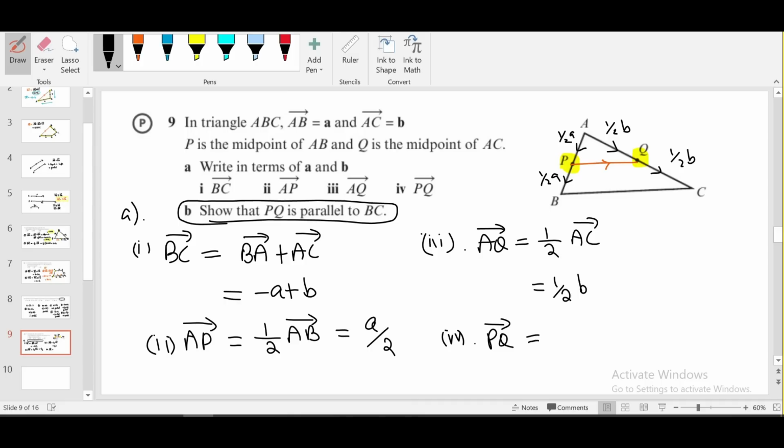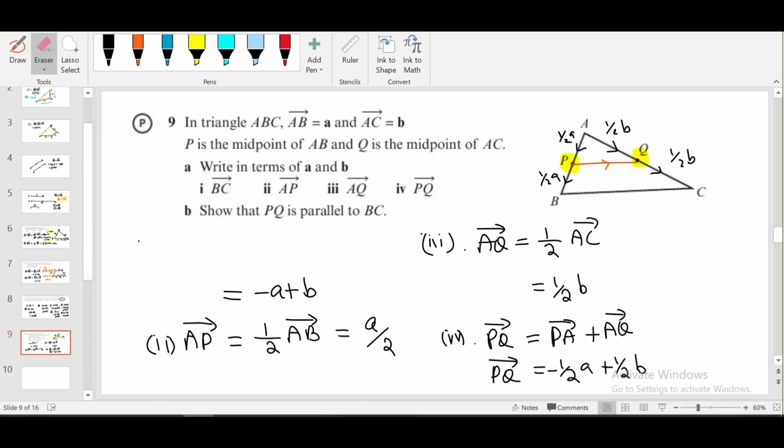Just look at the figure and tell me, how do you reach from P to Q? So you would just do PA plus AQ. PA, which is minus half a, plus AQ, which is half b, right? Yes. That's it. Copy that. That's your PQ vector.